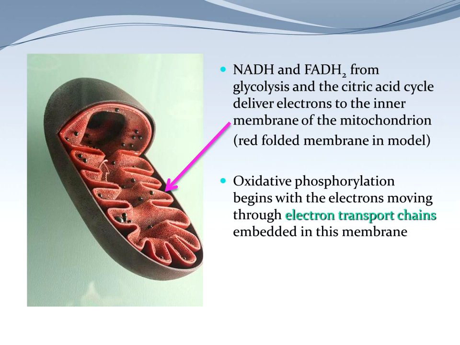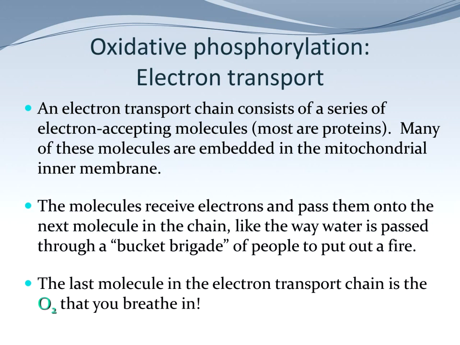The electron transport chain is the first part of the pathway called oxidative phosphorylation. The folded inner membrane of mitochondria is full of electron transport chains. Each electron transport chain consists of a series of molecules that are designed to receive and pass on electrons, kind of like people receiving and passing on water as part of a bucket brigade.